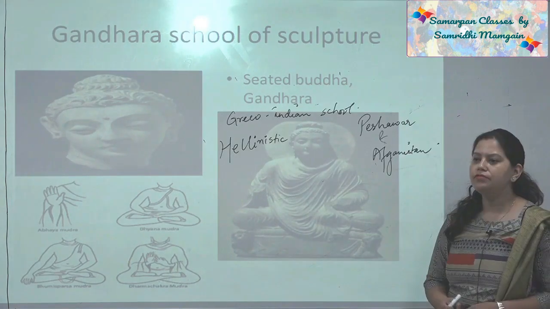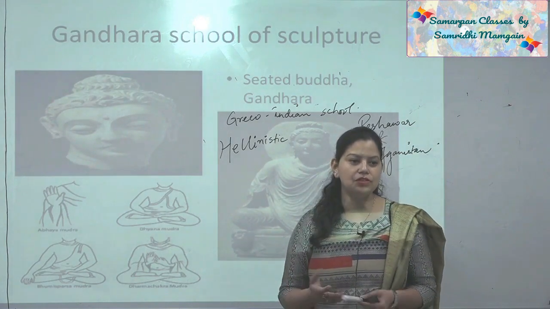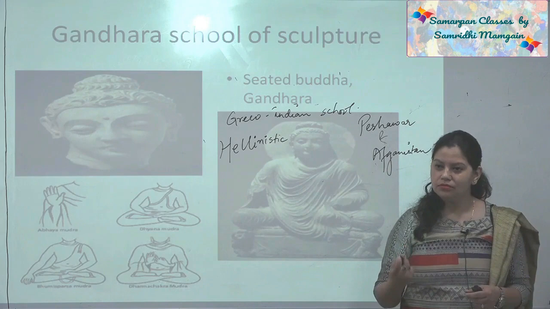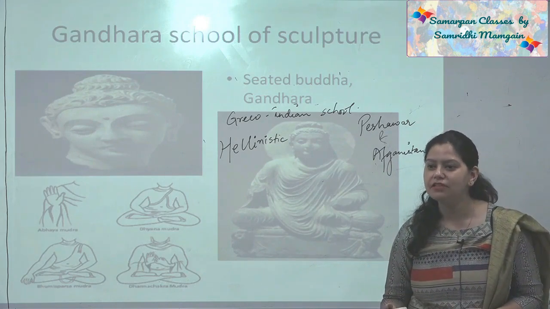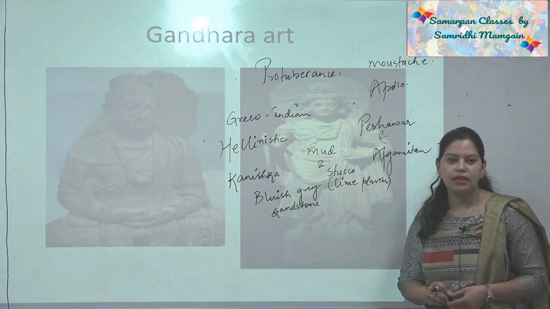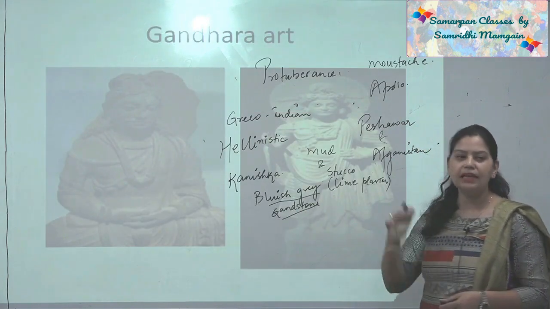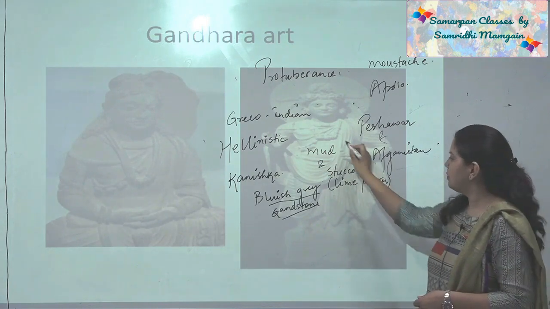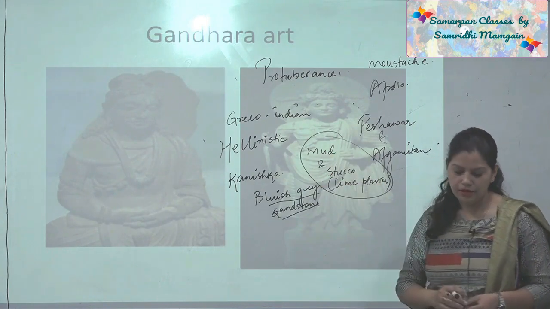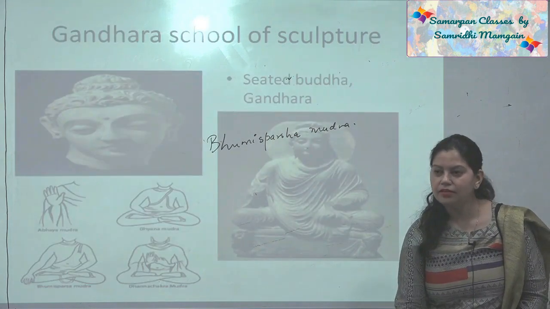If a question is asked in which school of sculpture Buddha is shown having Hellenistic features, Hellenistic means resembling Greek gods. In the earlier times sandstone was used and later the statues were made of this material. So I hope this school is clear.